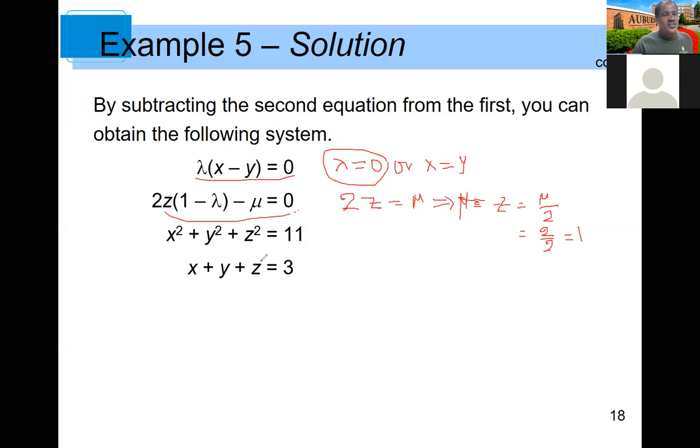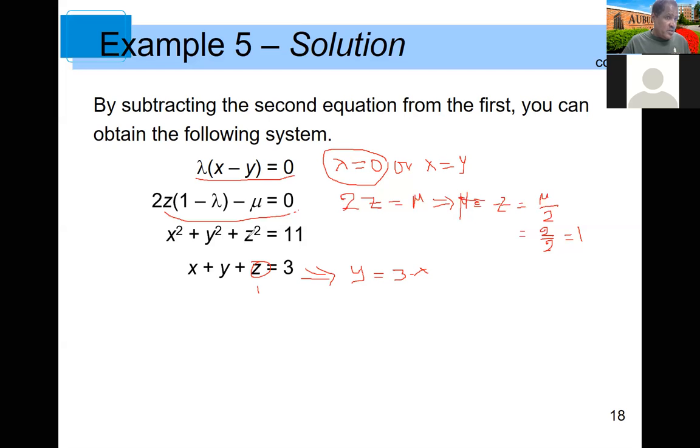Now, if z is 1, y is equal to 3 minus x in this equation, okay?